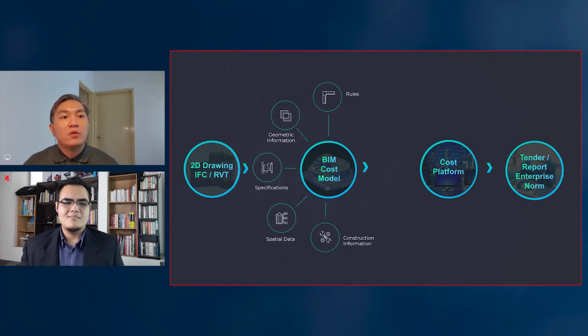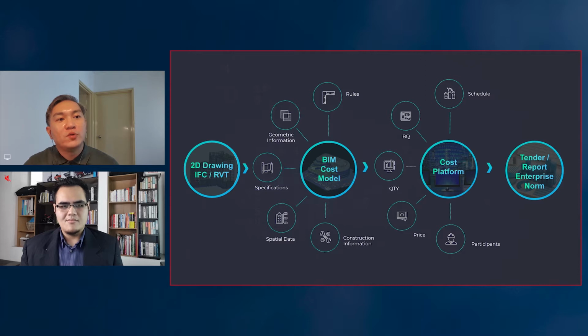Next, this model is linked with the cost management platform to integrate all BQ information and cost-related information into the 3D model to become a cost estimation model. With this unified cost estimation model, you can leverage all this information to produce a variety of professional cost reports for tendering or project management purposes.